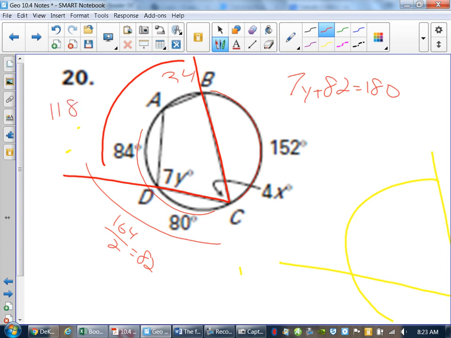So that means that angle C has to equal half of 118. 59. So then you would write out 4x equals 59. That's how some of these algebra ones are going to work.